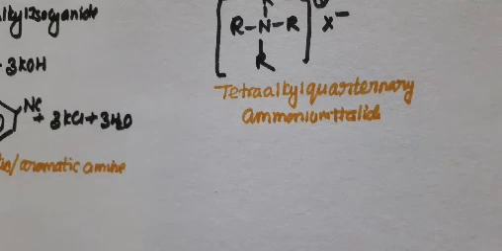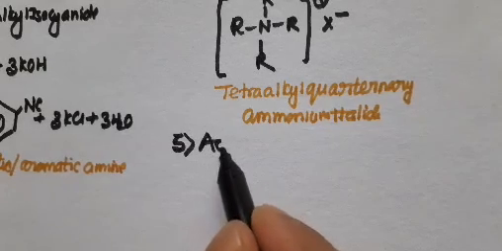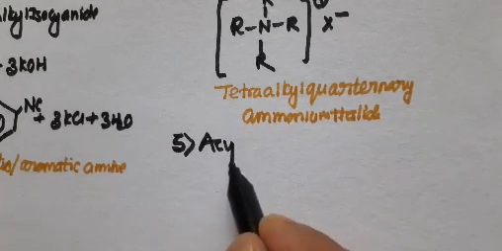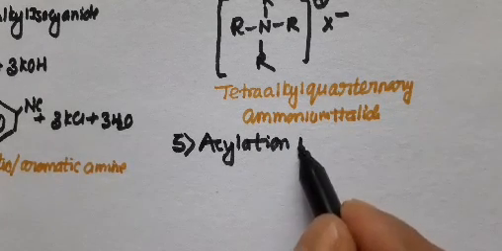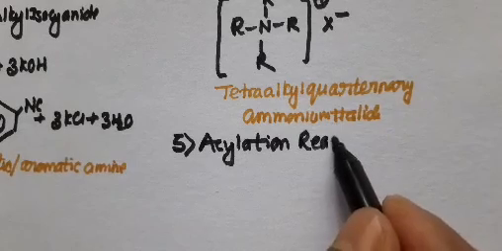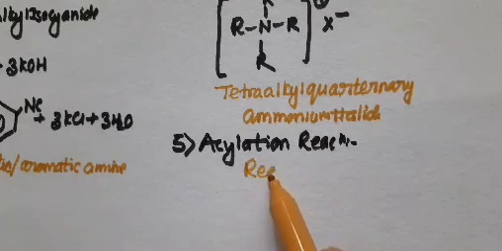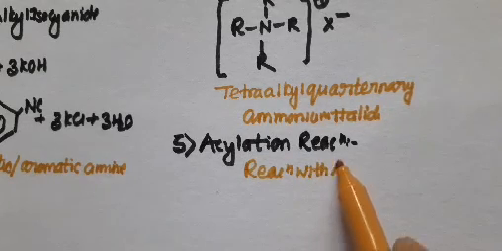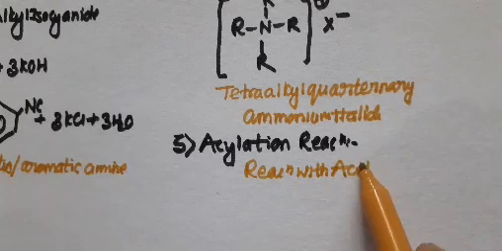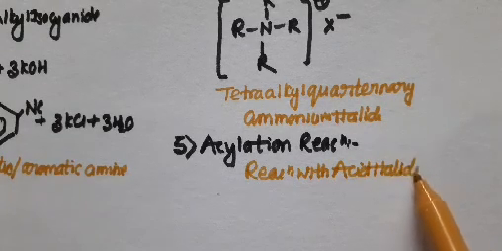Now the fifth reaction is the acylation reaction. Acylation reaction means reaction with acid halide, or you can choose acid anhydride.